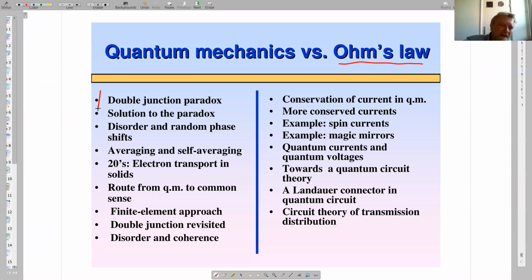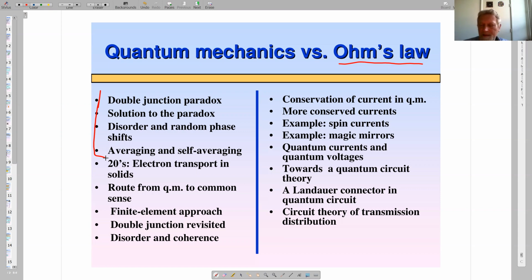It turns out that it is reproduced by averaging over phase shifts or self-averaging. If you have many channels, many phase shifts, and there's self-averaging going on, good. That would be one topic, perhaps most important.